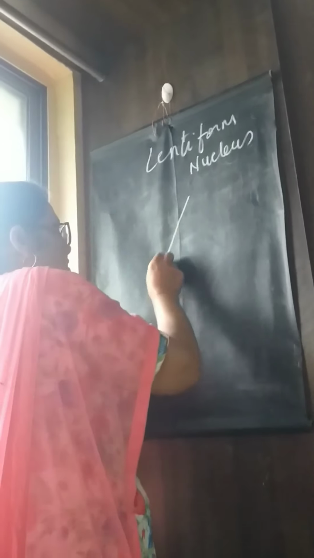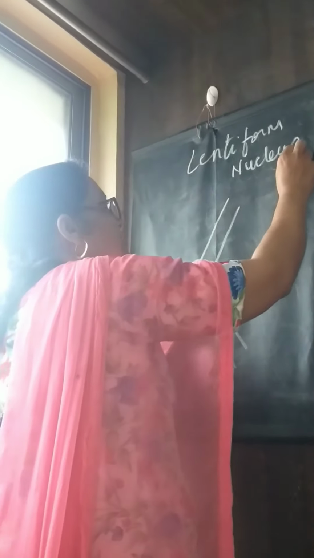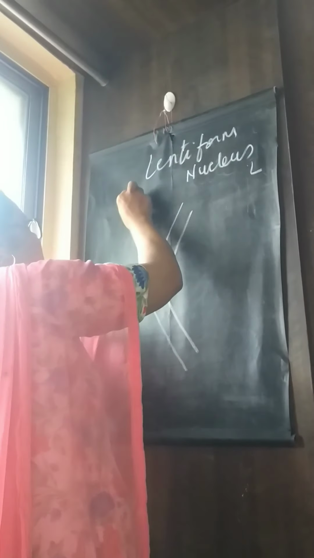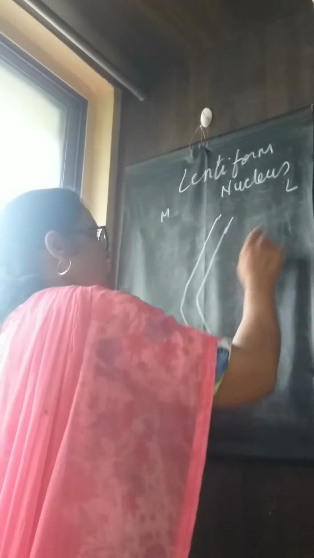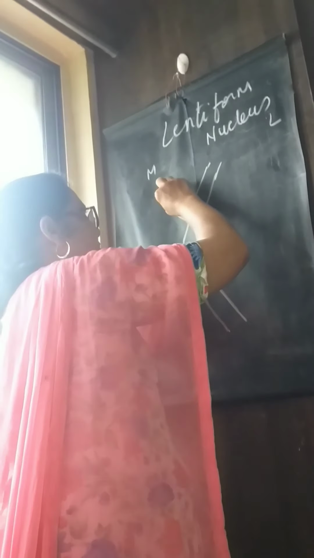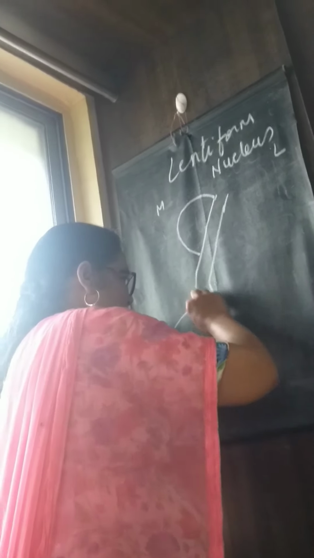So now see, this is the internal capsule. This is the lateral part, and this is the medial part. Here there is the head of the caudate nucleus, and here it is related to the thalamus.